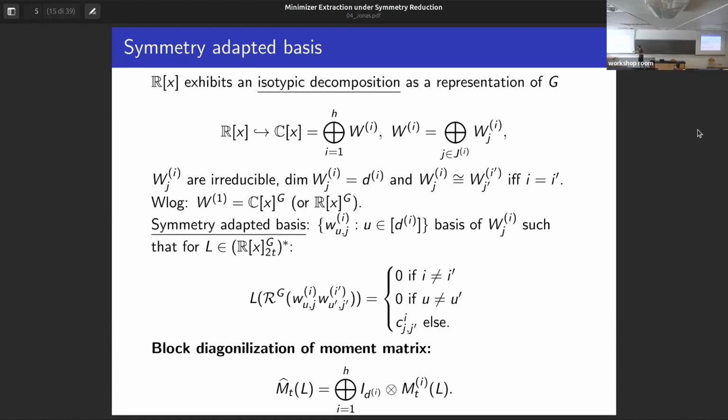So this moment matrix here with the hat, I will denote this way when we index with the symmetry adapted basis. And then what happens if you sort now in the symmetry adapted basis with regard to the i and the u, you block diagonalize your moment matrix. That's the first information. So the blocks here are written with this M to the i.